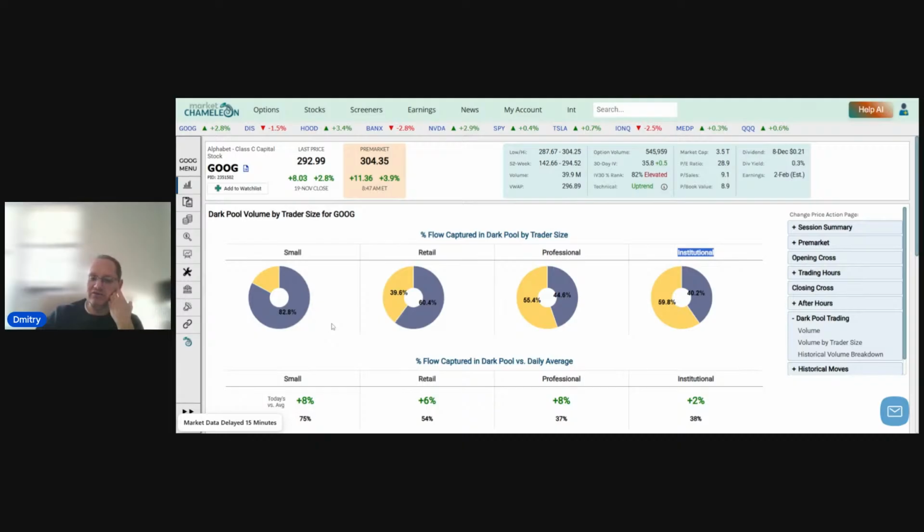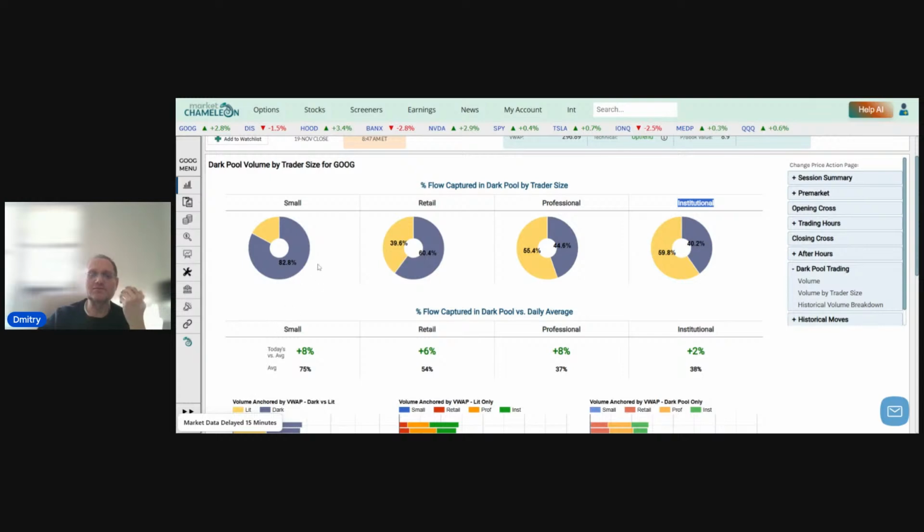So now that we get a sense of how things work, we can see this breakdown. And here we see in Google that the volume increased across the board in the dark pools. So in the small, retail, professional, and institutional, right?